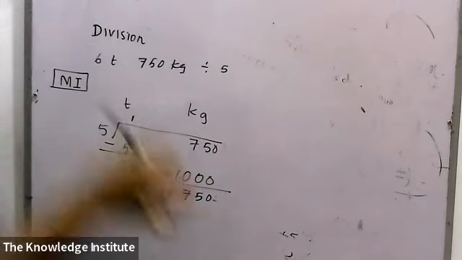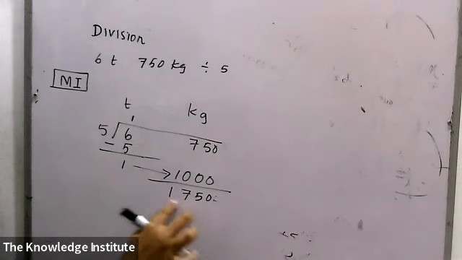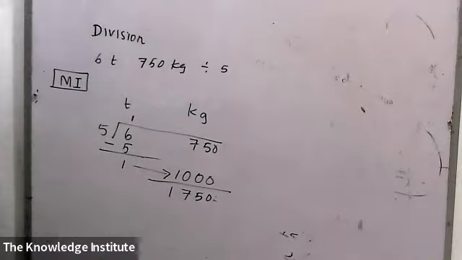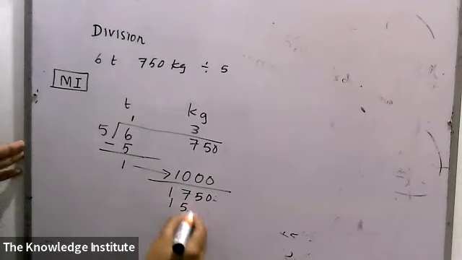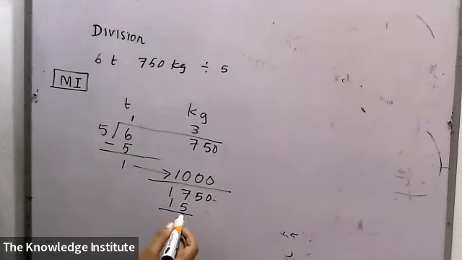No, right? So you have to see 17. In 17, how many times do you find 5? 3. 5 threes are 15. From 17, if you subtract 15, 2.